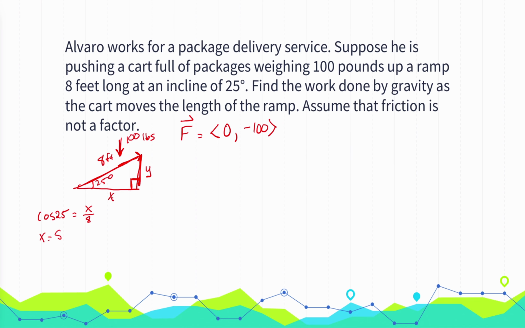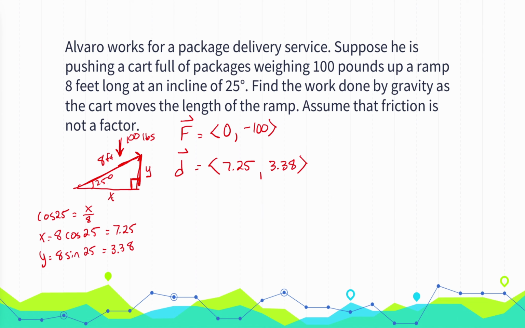So x equals 8 cosine of 25, which is 7.25. Double check that. Yep. And y is going to be 8 sine 25, which is 3.38. So the displacement vector is 7.25 feet in the x direction and 3.38 feet in the y direction.